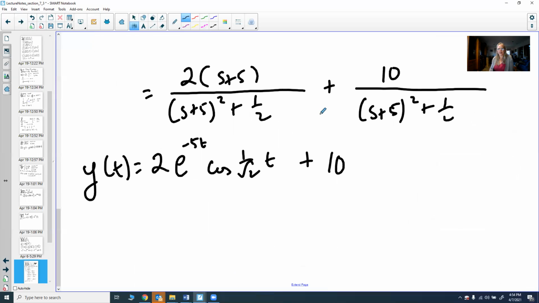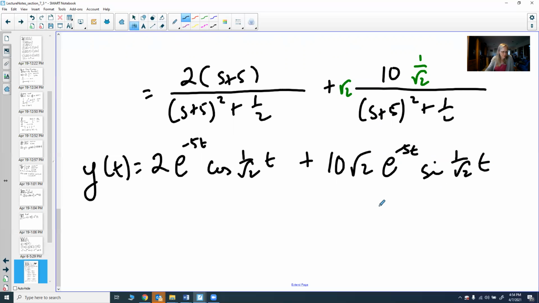If I have a square root of 1/2 as my k, I need a square root of 1/2 in the top, which means I need to multiply by the square root of 2 so that it doesn't change things. So I now have square root of 10 times the square root of 2, e to the negative 5t sine of 1 over the square root of 2 t. And that's the solution to this differential equation.